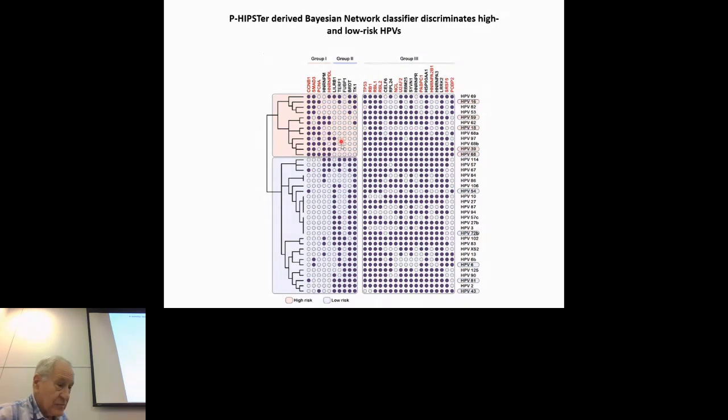You can see that what we call type 3 interactions are present in both the high and low risk, but there's a preference for the high risk papillomaviruses to interact with some human proteins, and a preference for the low risk viruses to have interactions with different proteins.